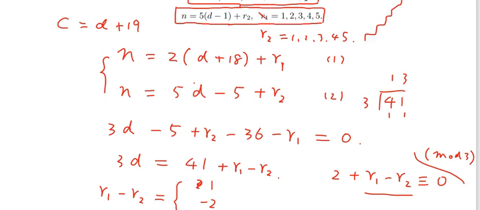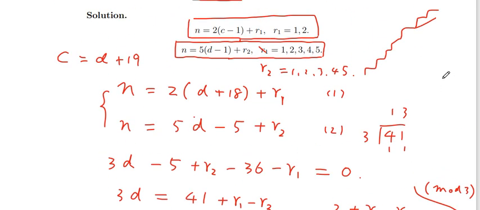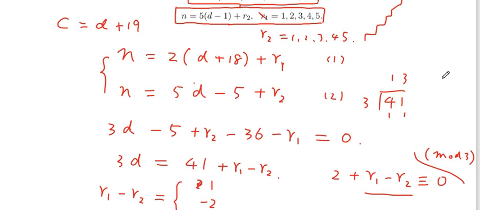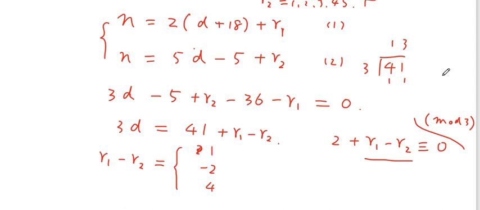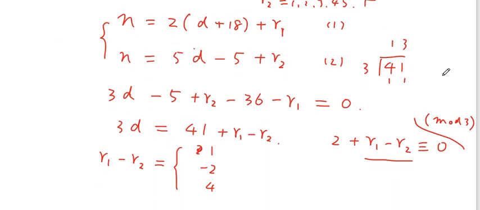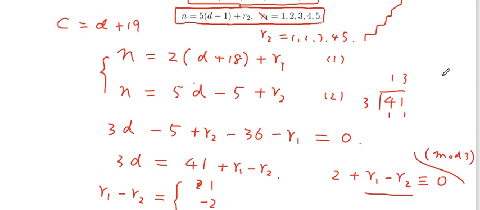But there's not. Could it be 1, could it be 2, could it be 4? R1 minus R2. Could it be negative 4? Could it be 2, could it be 4?